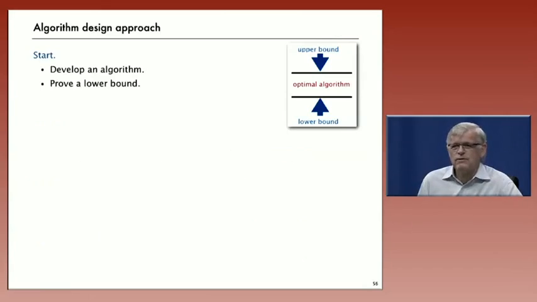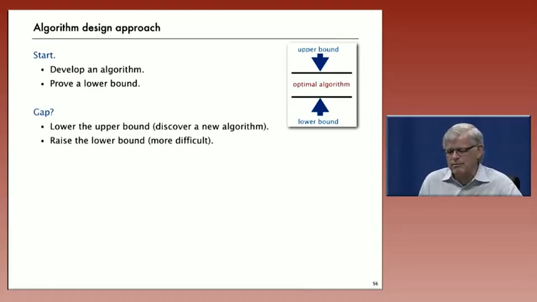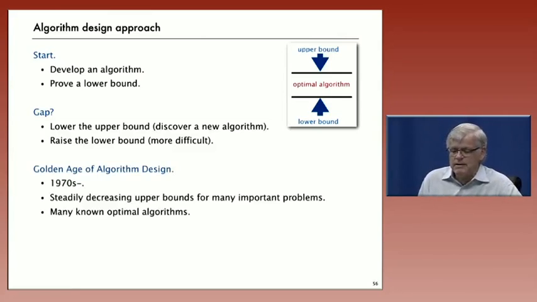Now, this point of view has been extremely successful in recent decades. We have a new problem, develop some algorithm, prove some lower bound. If there's a gap, we look for a new algorithm that will lower the upper bound, or we try to find a way to raise the lower bound. Usually it's very difficult to prove non-trivial lower bounds. A trivial lower bound, like look at every input item, is not so hard. Non-trivial lower bounds, like for example the proof that we talked about for the union-find problem, are much more difficult.